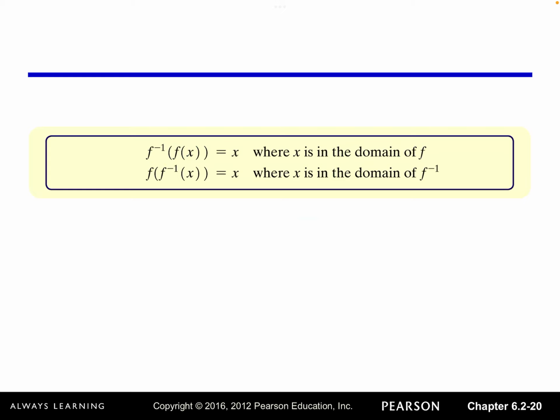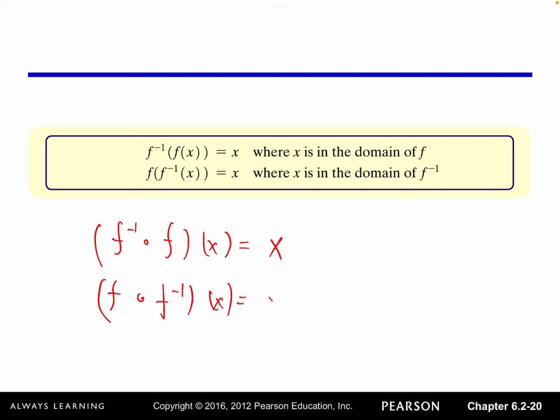To test whether two functions are inverses or not, we can use the composite function to verify. The inverse composed with the original function must equal the input x, and the other way around, the original function composed with its inverse must also equal the original input x.